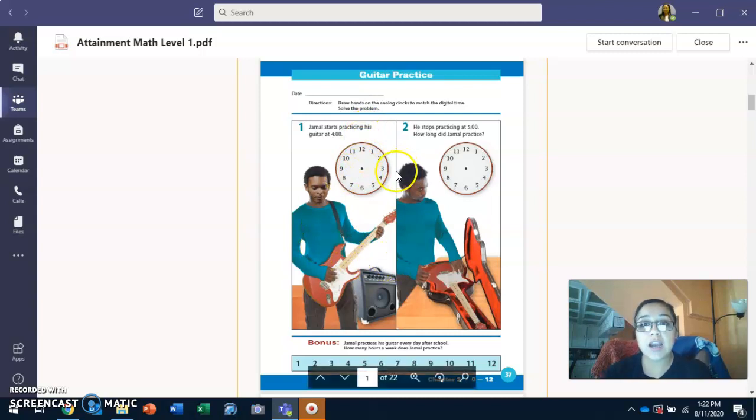So then you would have the same thing on number 2. He stops practicing at 5 o'clock. How long did Jamal practice? So if he stops practicing at 5 o'clock, he starts at 4, but then he stops at 5. How long did Jamal practice? And to figure that out, you would get the time from over here and the time from over here.